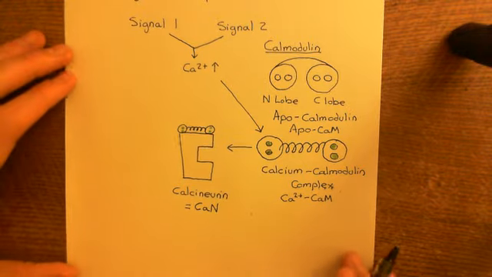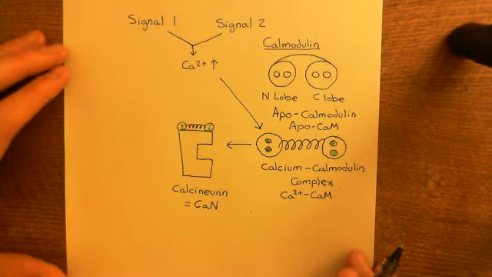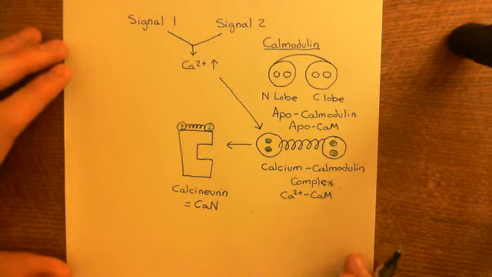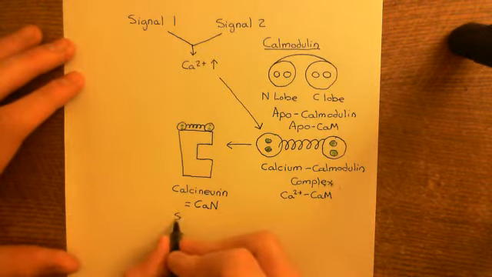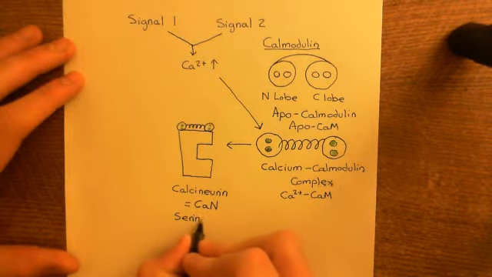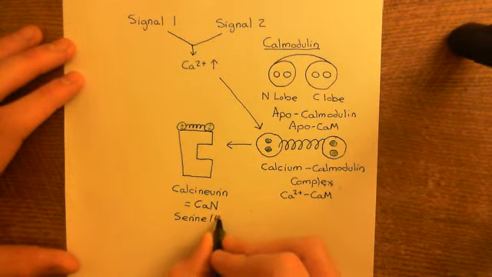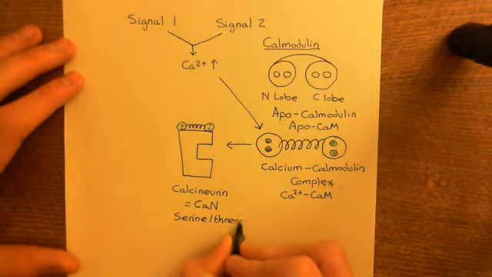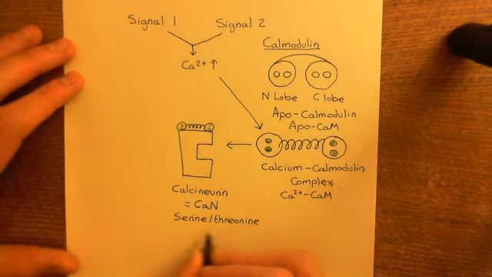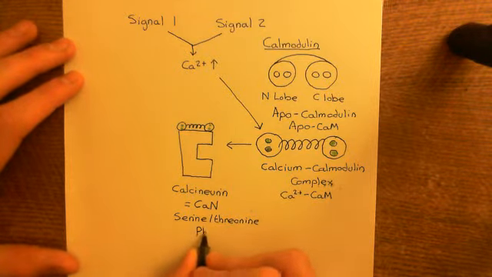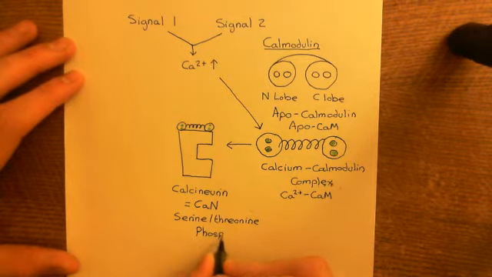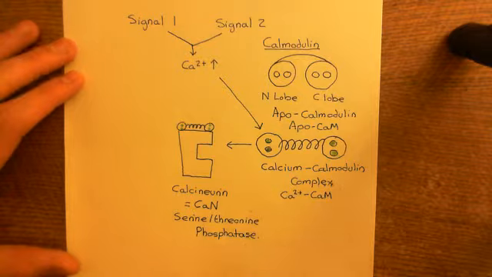Now, what is calcineurin? Basically it's an enzyme which removes phosphate groups from serine and threonine residues, so it's what's known as a serine-threonine phosphatase. If you have serine and threonine residues within proteins which have had phosphate groups stuck onto them, this enzyme will remove those phosphate groups. So it's a serine-threonine phosphatase.